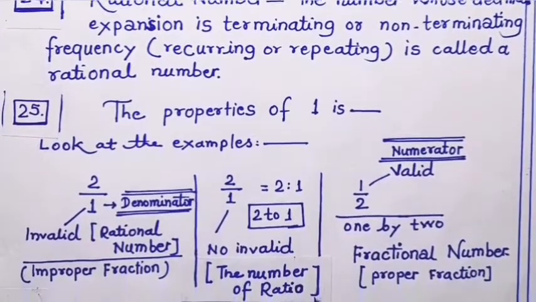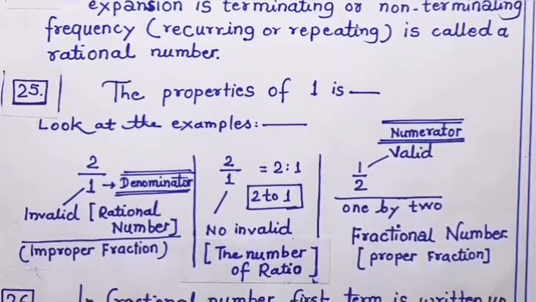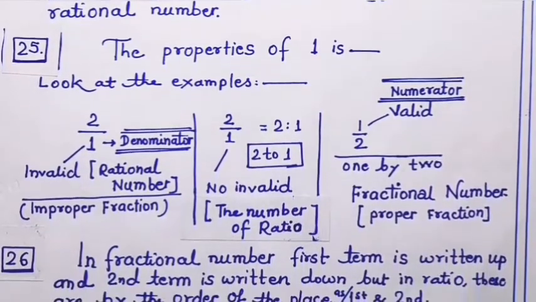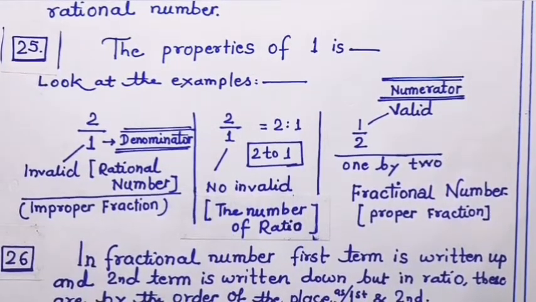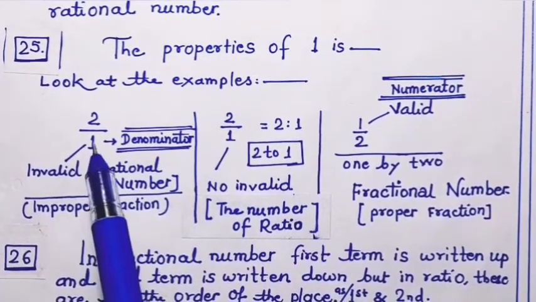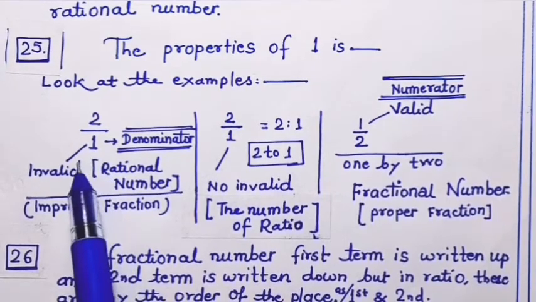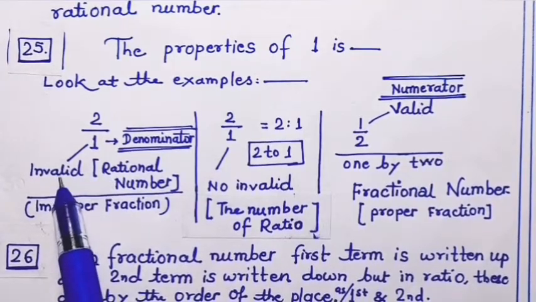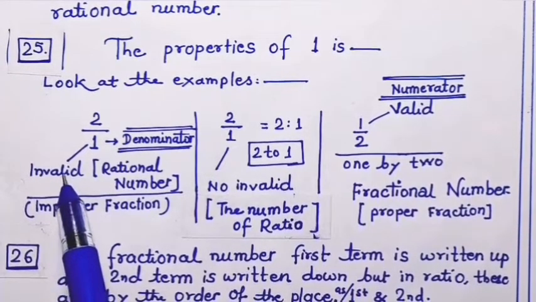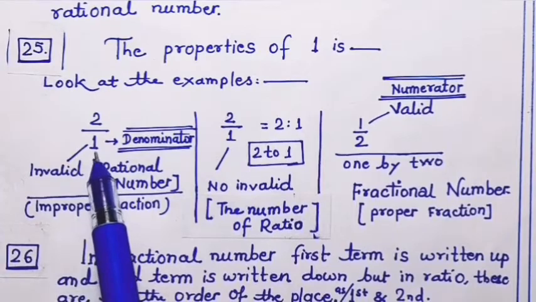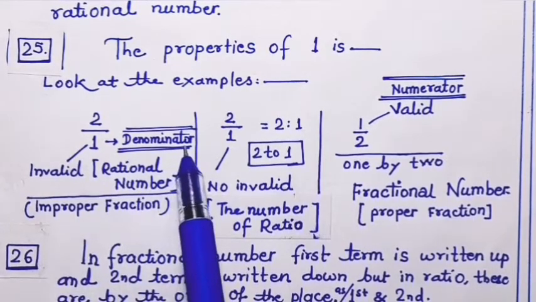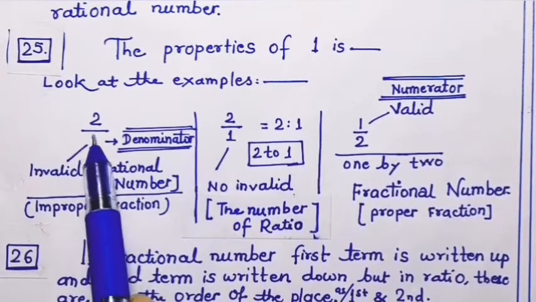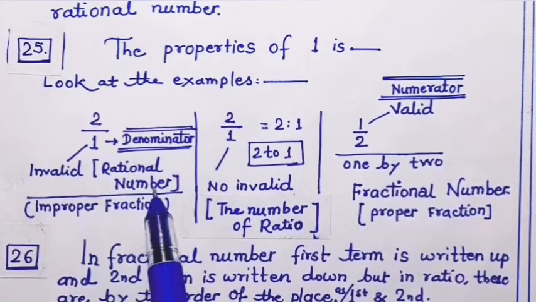Number 25. The properties of 1. Look at the examples. As for example, 2 by 1, and here 1 is written, and generally 1 is valid here. This 1 is in the form of a denominator, in the form of 2 by 1, in the form of a rational number.